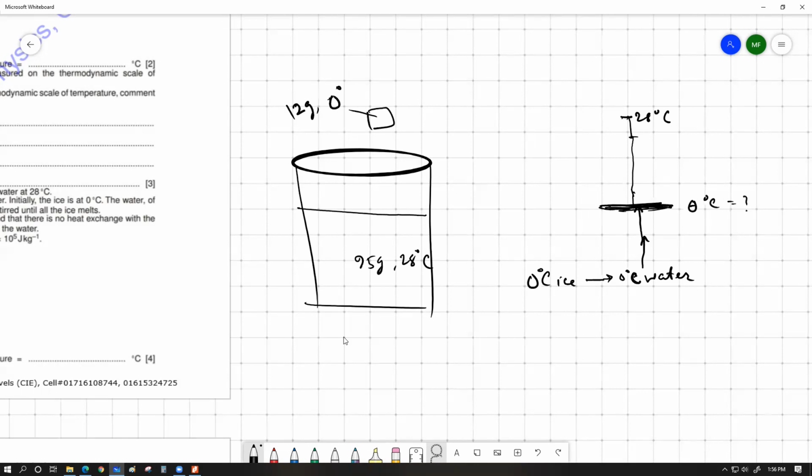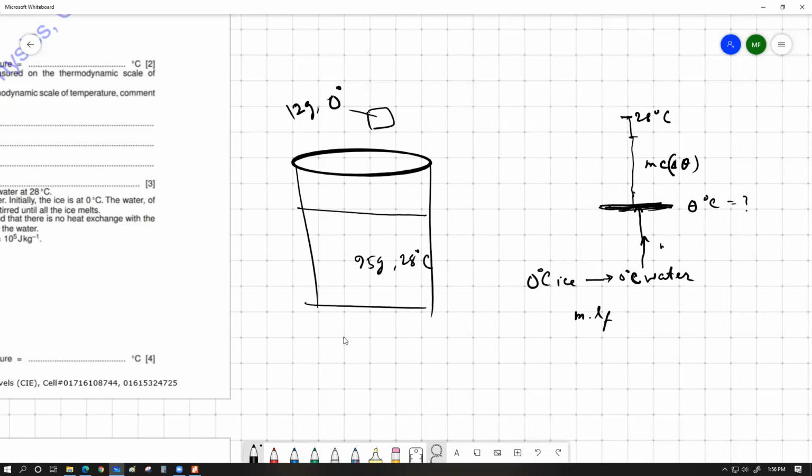It goes to the information. For the hot cup to drop in temperature, there will be a temperature change but no state change, so we are going to go for MC delta theta. For the ice to water melting, we have a state change, so we're going to go for M into LF, latent heat of fusion, for this part.